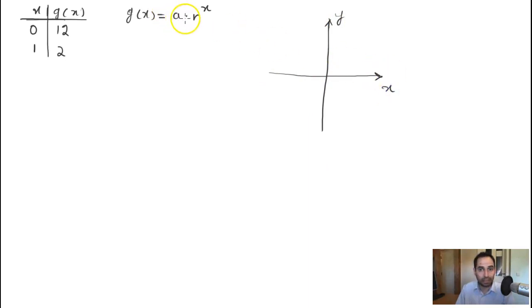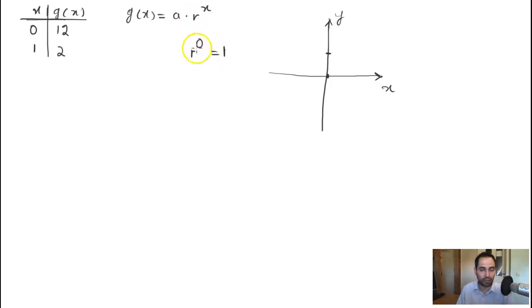So basically wherever the function goes through the y-axis, let's say this point is your a, and that is the point where your x is equal to 0. Whatever is raised to the 0th power becomes 1. So whatever your r is, when you raise it to the 0th power, it becomes 1. It doesn't matter what your r is.